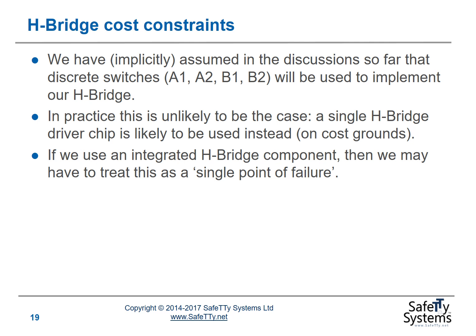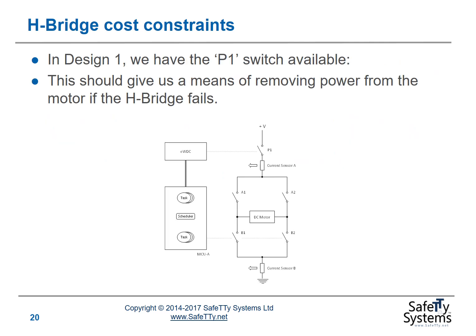If we do that, then this raises some further questions about the two designs that we have. So if we go back and look at design 1 again, we have the P1 power switch available. So this should give us a means of removing power from the motor if the H-bridge fails. So this design 1 still remains acceptable if this is an integrated H-bridge component.